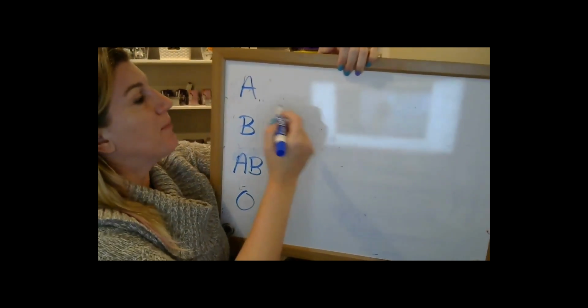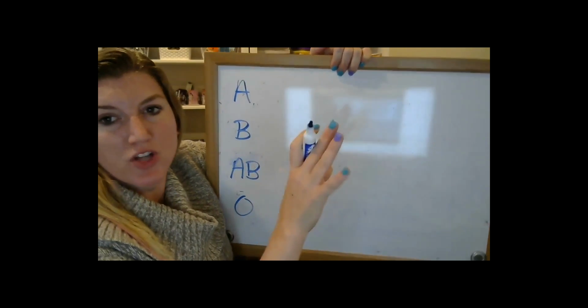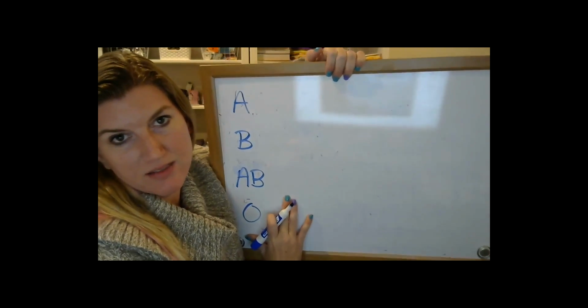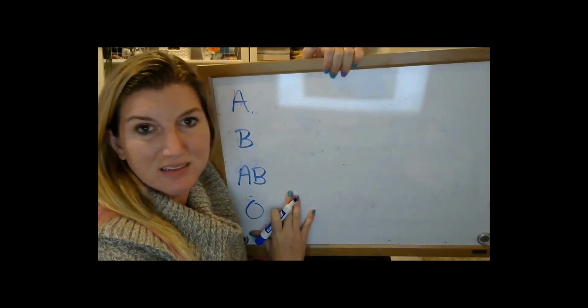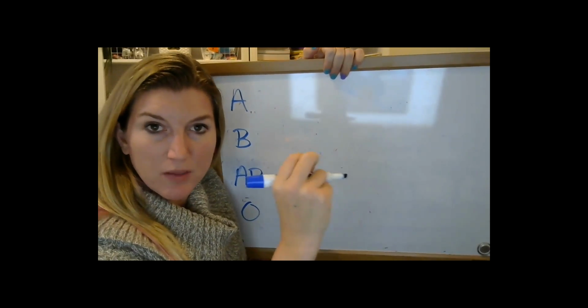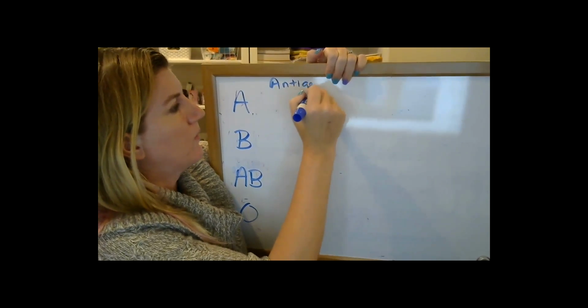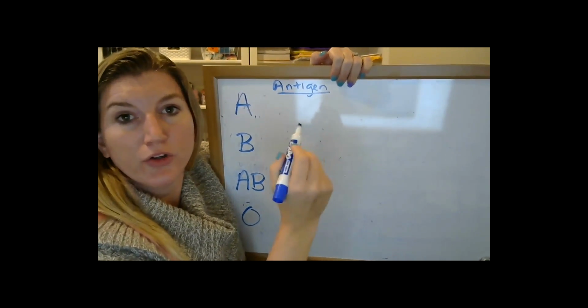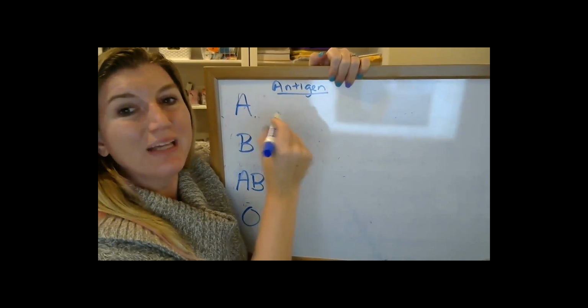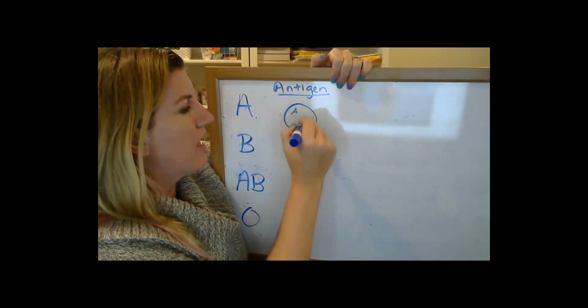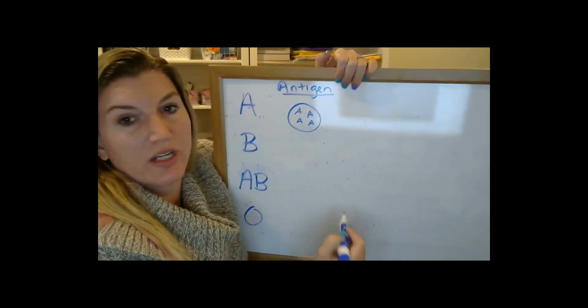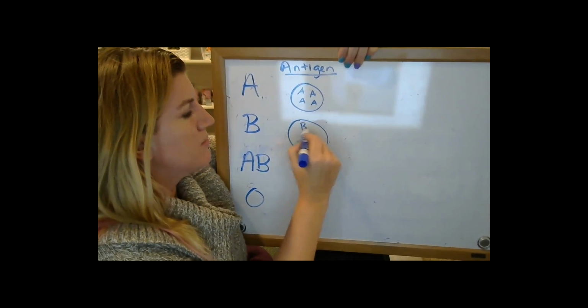So let's first talk about why these blood types exist. These blood types exist basically because there is a specific marker or antigen on your blood cell. So A blood has A antigens on it. B blood has B antigens.